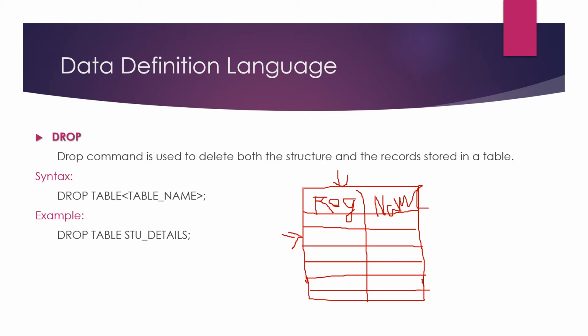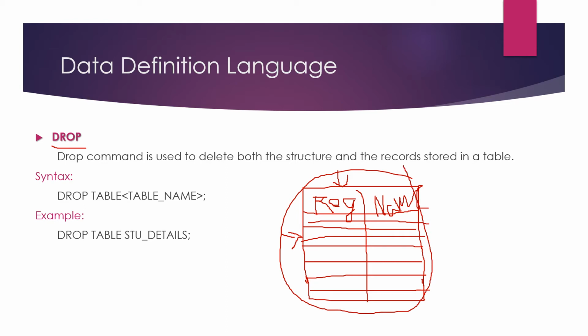When we use the drop query, this command deletes both the records, which means the data inside the table, and then it deletes the whole structure of the table.